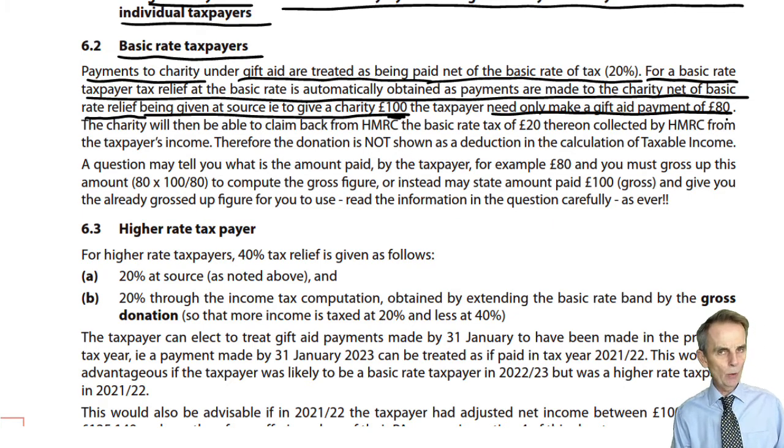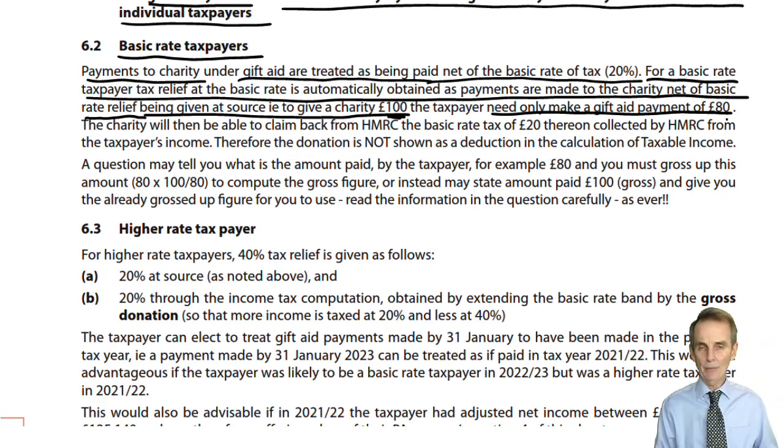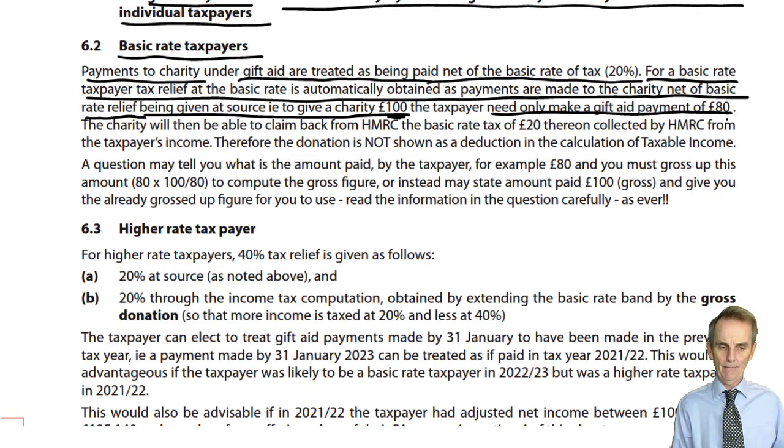This is not like qualifying loan interest, where we would show the interest as a deduction in deriving our taxable income, and then tax the remaining taxable income through the various rates of tax, here a basic rate of 20%. What we have here is the situation where the amount of your gift to charity does not reduce your taxable income at all.